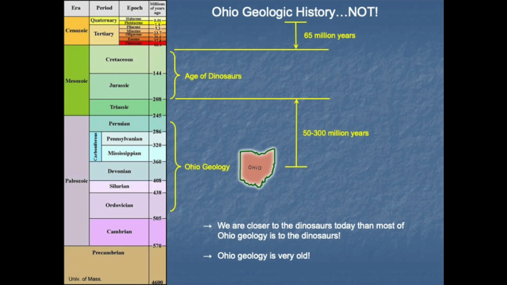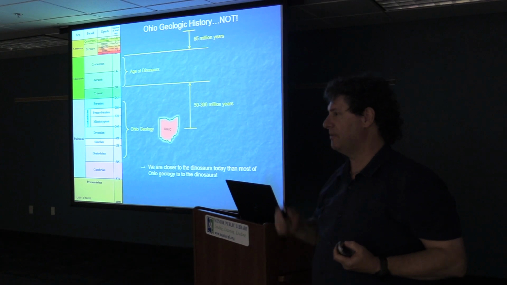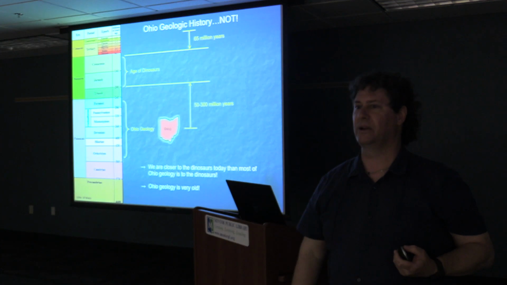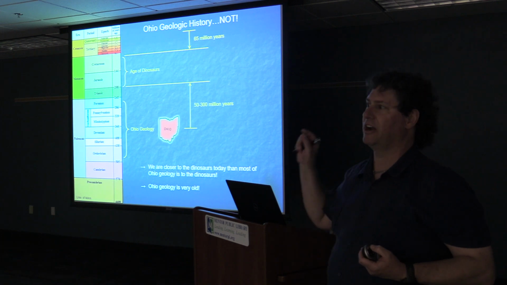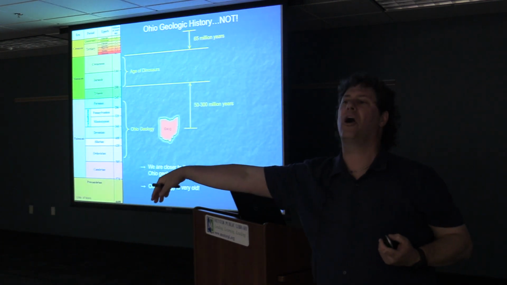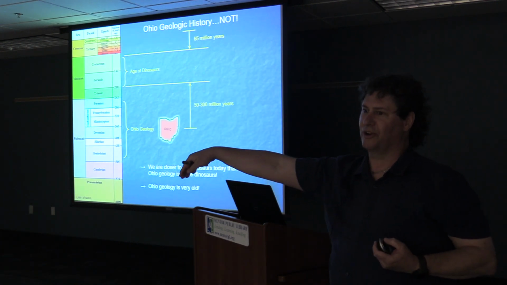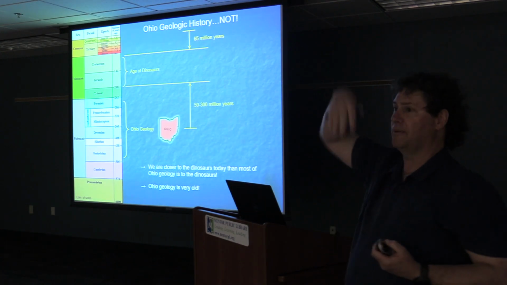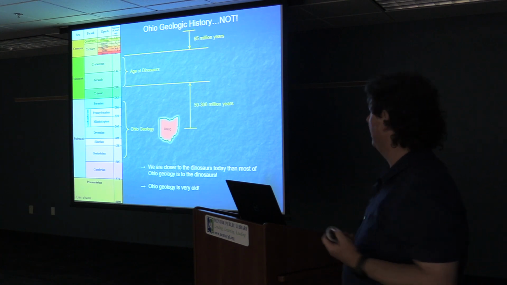That means that Ohio geology is further from the dinosaurs than we are today from the dinosaurs. That means that this stuff is, in fact, really, really, really old rock. The dinosaurs are a far future memory, a thing that's going to happen, for when this rock was laid down in Ohio, compared to now looking back at the age of dinosaurs.